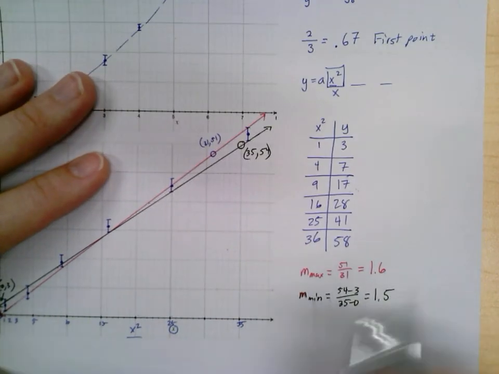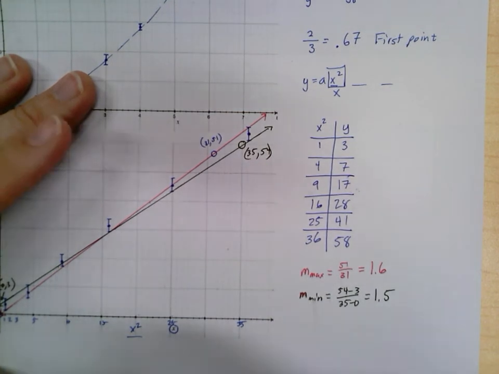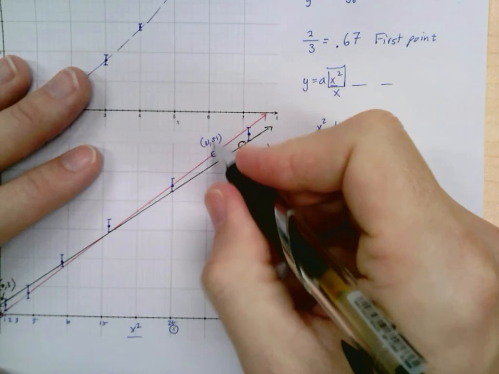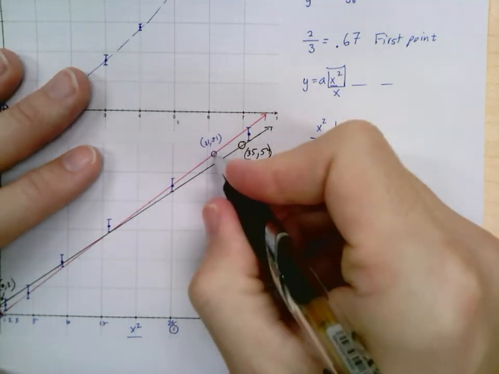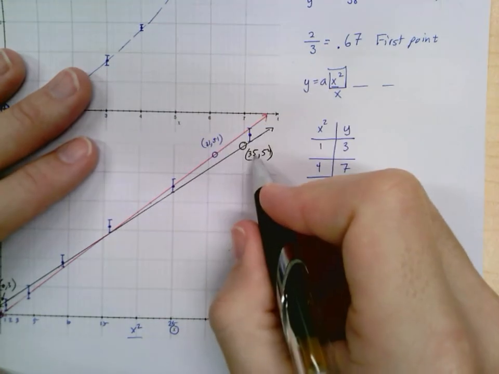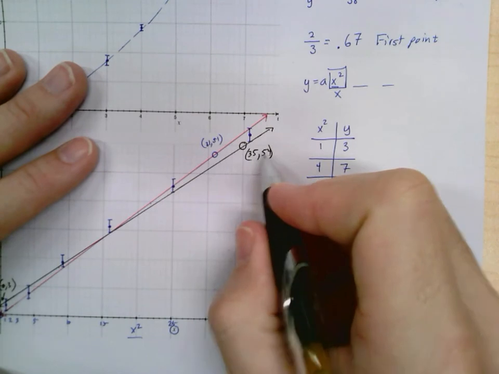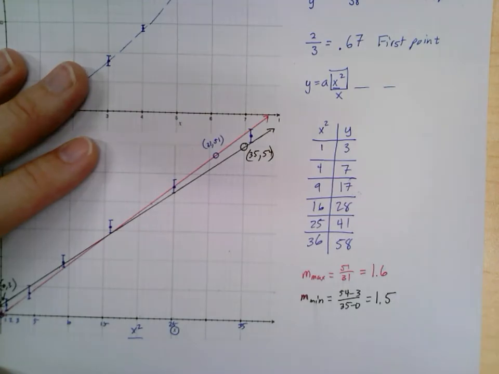Now, I'm actually going to change these numbers slightly because when I calculated these, they came from my points here. And I'm fairly certain that these are 31.0 and 51.0. I'm okay with saying that this is 35.0, 54.0. So I'm going to add in a third decimal place. Okay?